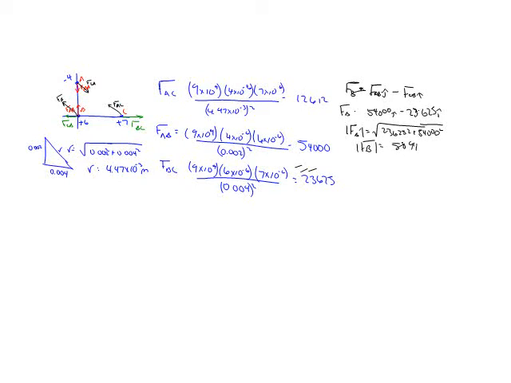And we get 582 newtons, and the directional equation, tangent inverse of y over x. And since x is negative, you're going to add 180 to it as your adjuster.